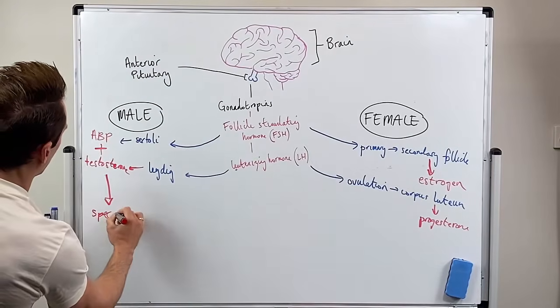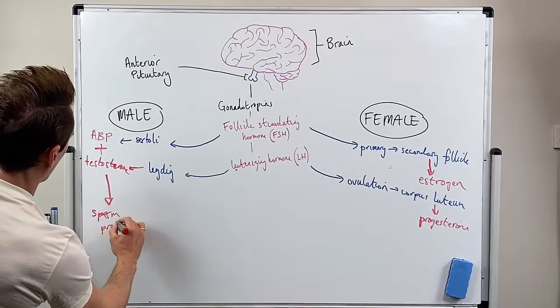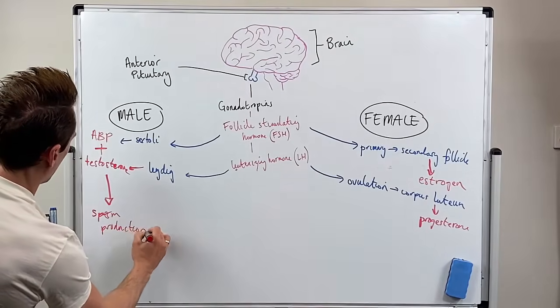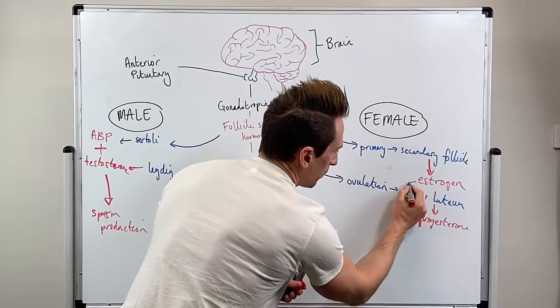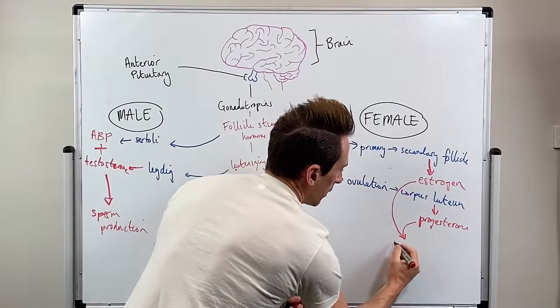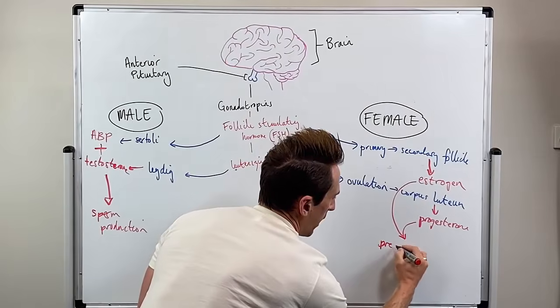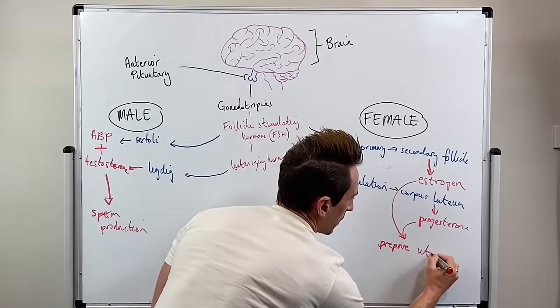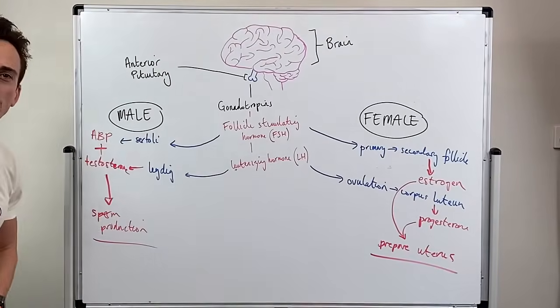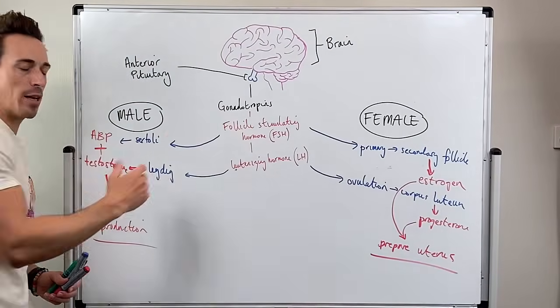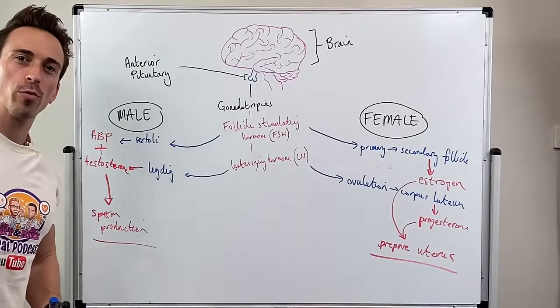Sperm production. And what did these two do in the female reproductive system? Prepare the uterus. So there we go. This is the role that the gonadotropins, FSH and LH, play in the male and female reproductive systems.